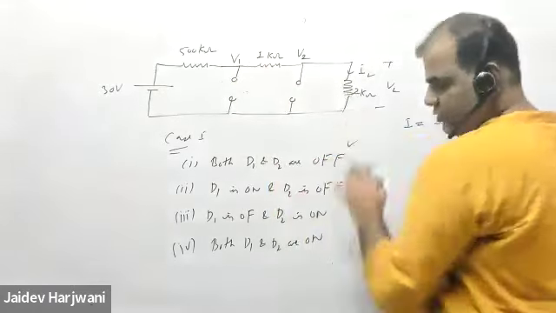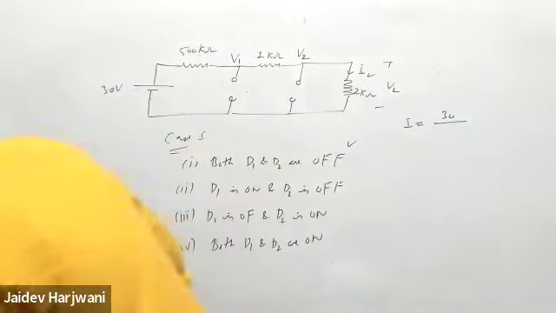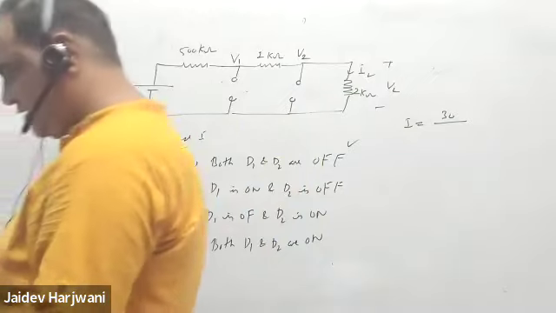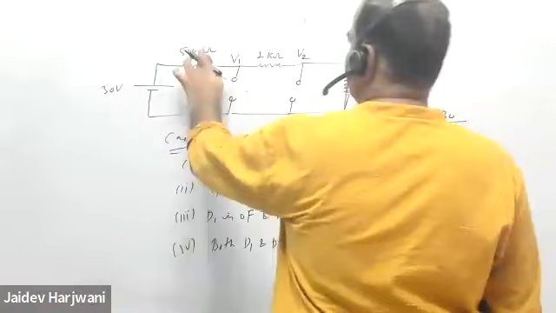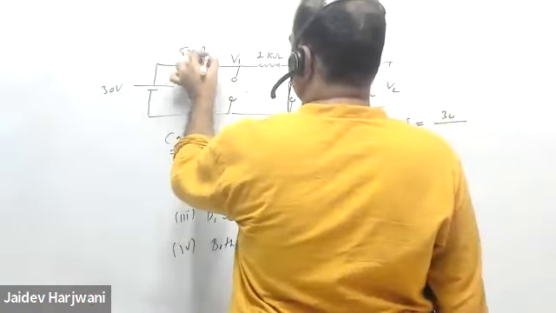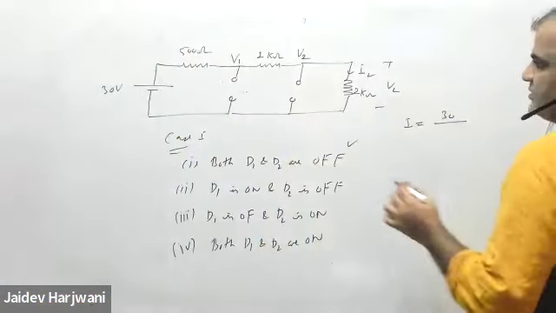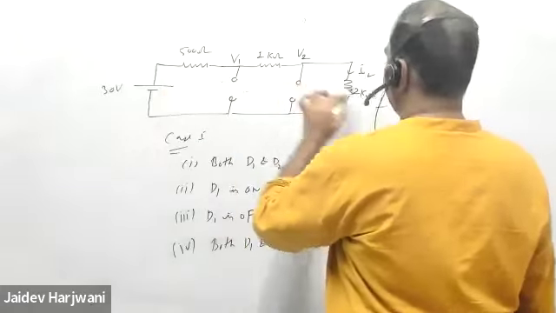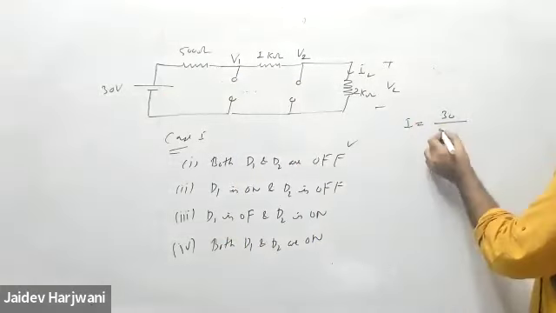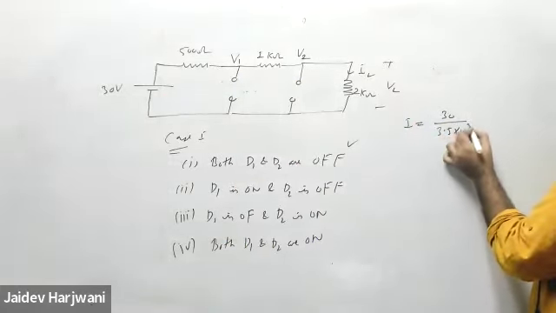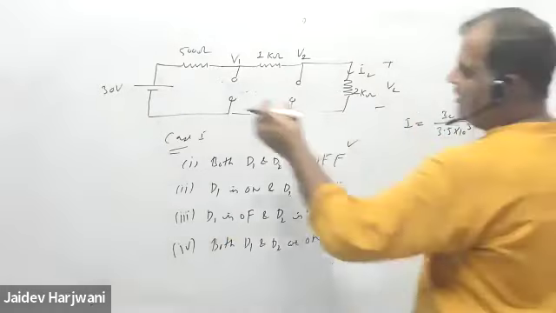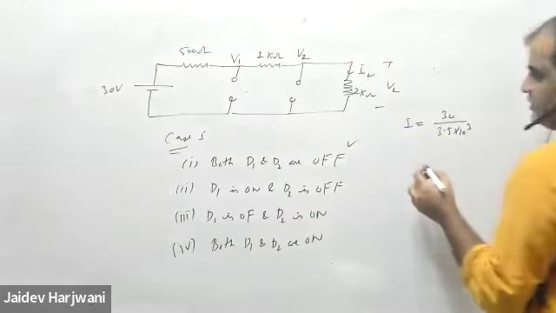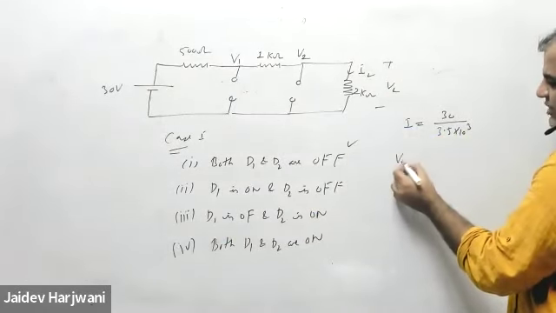Total voltage is 30. Resistor is how much? 1 kilo ohm, 2 kilo ohm, and this should be 500 ohm, not kilo ohm. It should be 500 ohm. So now you have 30 volt, 1, 2, and 0.5, 3.5 kilo ohm total. Now you know the current. Now you can find out how much drop is across the 500 ohm.